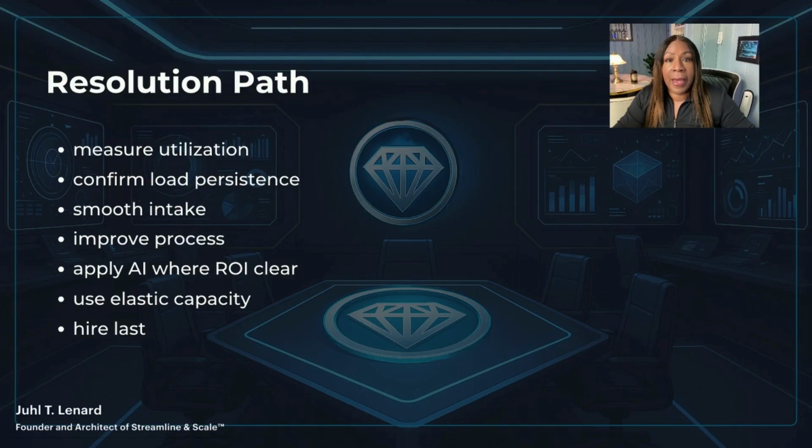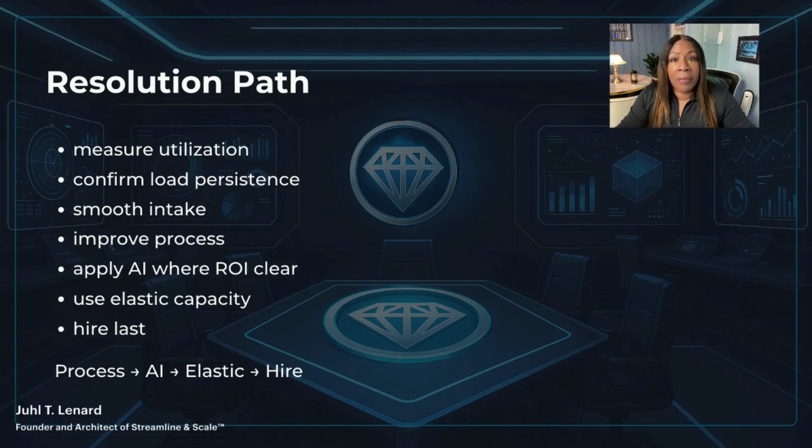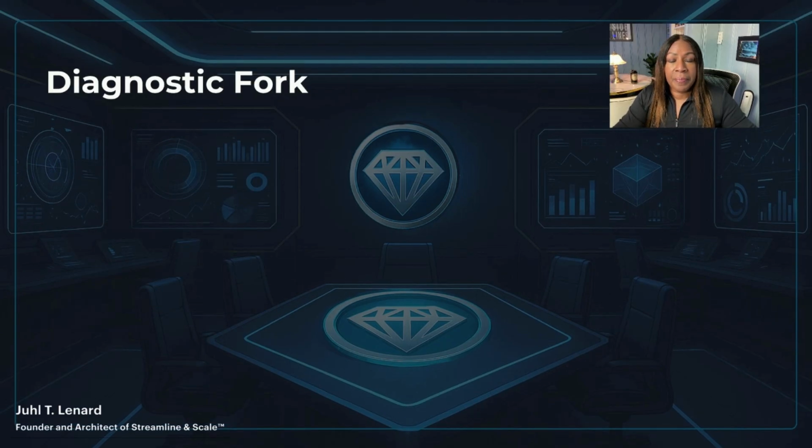Again, we're hiring last. You identify the process, refine it so that you even out the workflow, maybe augment your capacity with all the different tools that are available, and then hire. Okay. Now, at this point, if this is resonating with you, there's a fork.